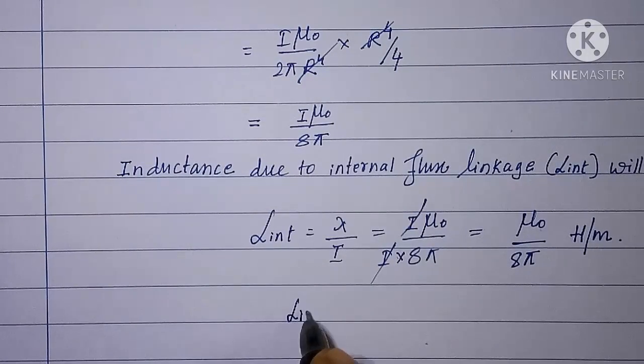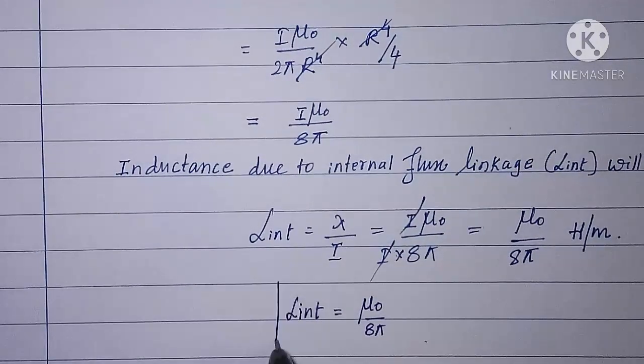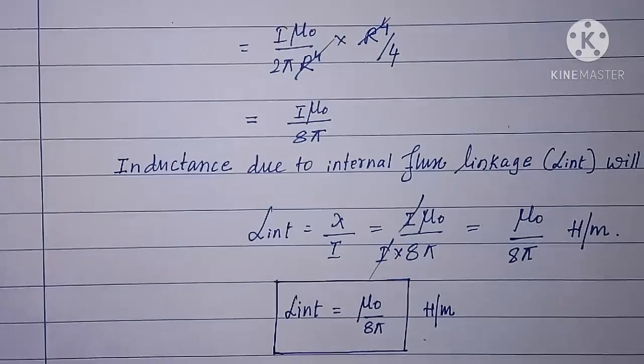So we'll write it in a box now. L internal is μ0 upon 8π Henry per meter.